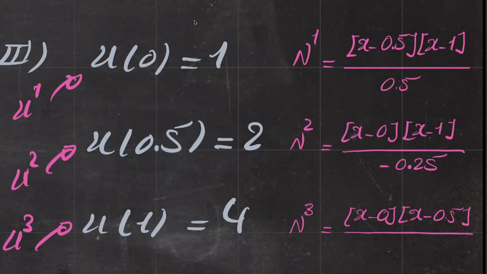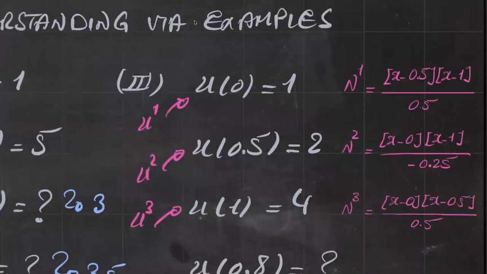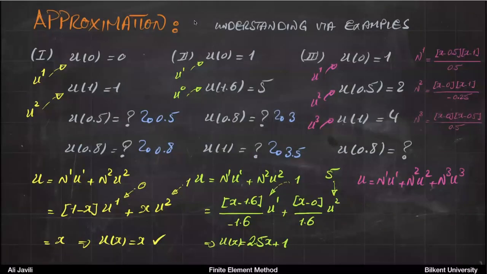So if you insert 1, in the first one, you get 1 minus 0, that's just a 1. Here you get 1 minus 0.5, so that's 0.5. So you divide it by 0.5. That is your N3. Okay. Now that you have all those three N's, all you need to do is to just insert them into this form that we have down here.